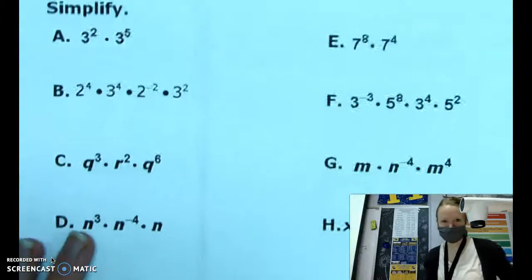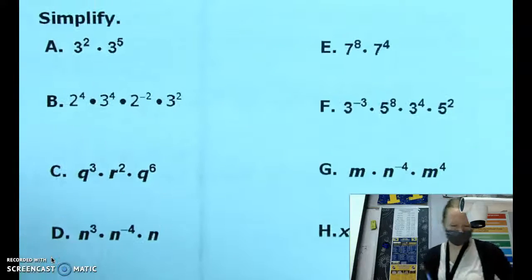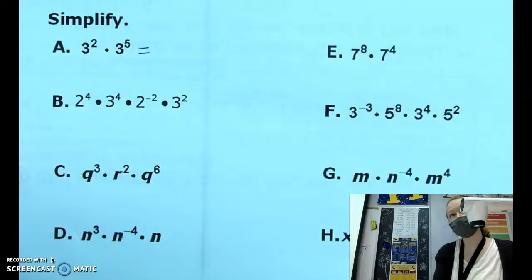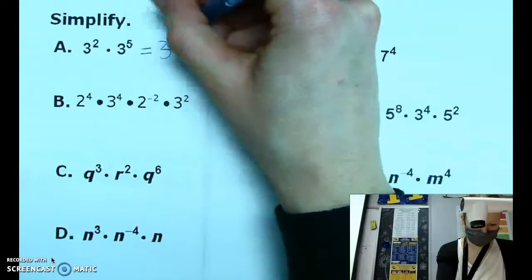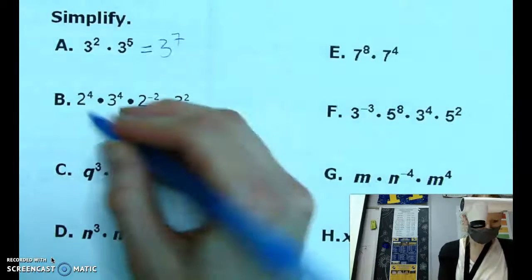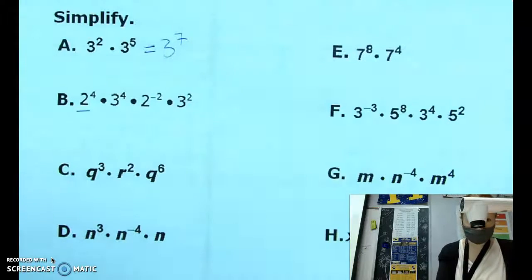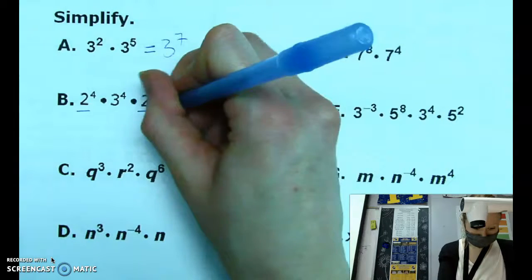Okay, we're going to cruise through a few examples here. This first one, 3 squared times 3 to the 5th power should be 3 to the 7th. What about B? So I have 2 to the 4th power. What's my like term? Same base.